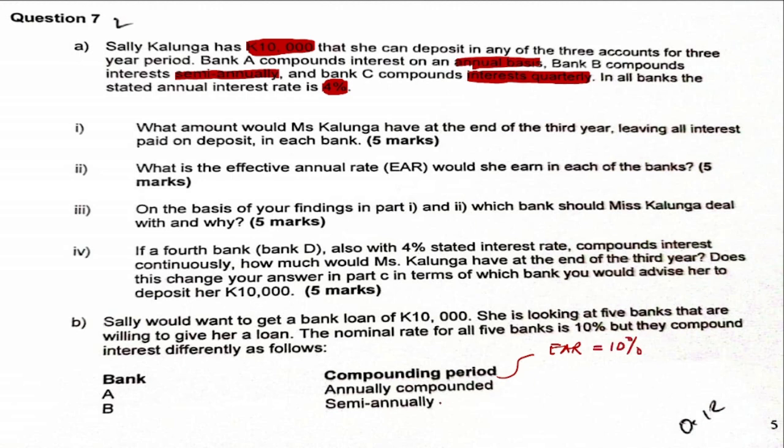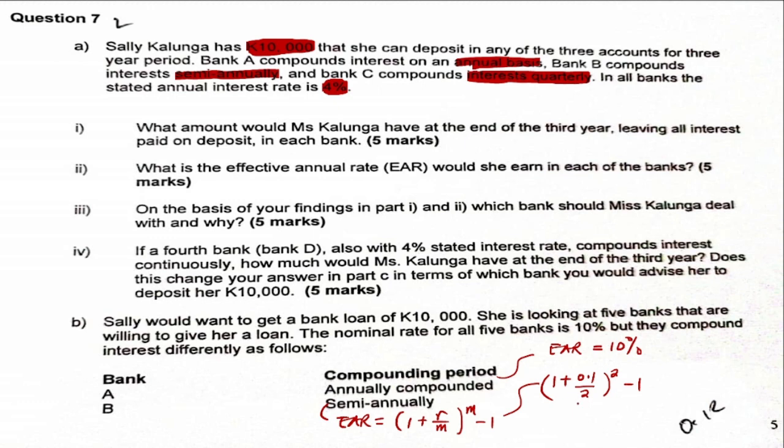It's just the same. Then for the semi-annual, you can calculate it from here, where we are told that the effective annual rate is (1 plus r divided by m) to the power m, minus 1. This is going to give us 1 plus 0.1, that's 10%, divided by 2, to the power 2, minus 1.